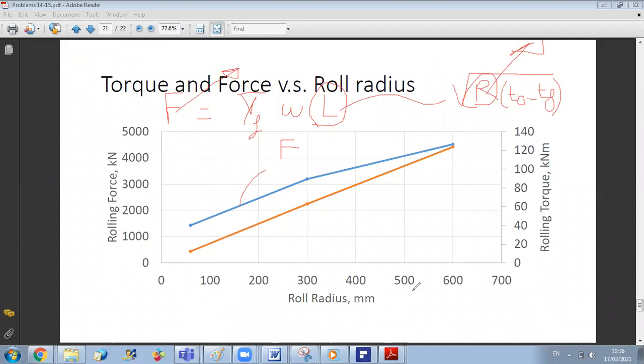Now let us move to the effect on the torque. What is the torque equation?